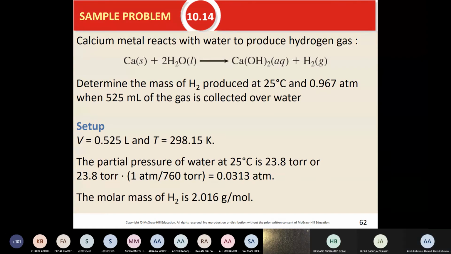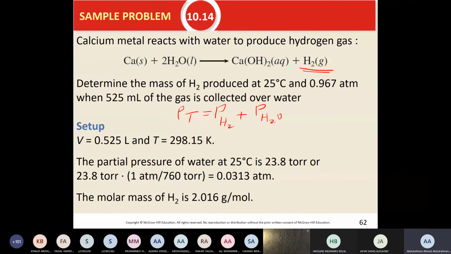Good. Calcium metal reacts with water to produce hydrogen. So here we are producing hydrogen over water. So the total pressure must equal what? Pressure of water plus hydrogen.